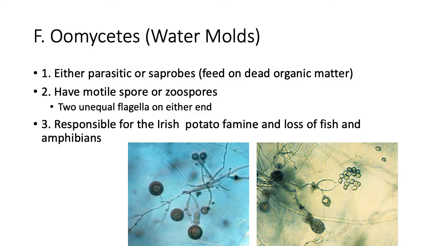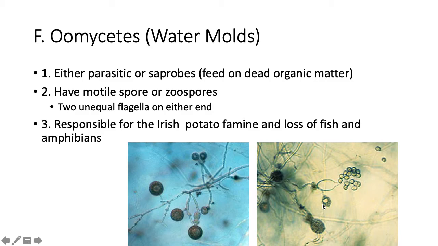Okay, the third group underneath the Stramenopiles is the Oomycetes, or water molds. They are either parasitic or saprobes, which means they feed on dead organic matter. Their spores are motile, which means they can move, zoospores, and they move by flagella, so 2 unequal flagella on either end.